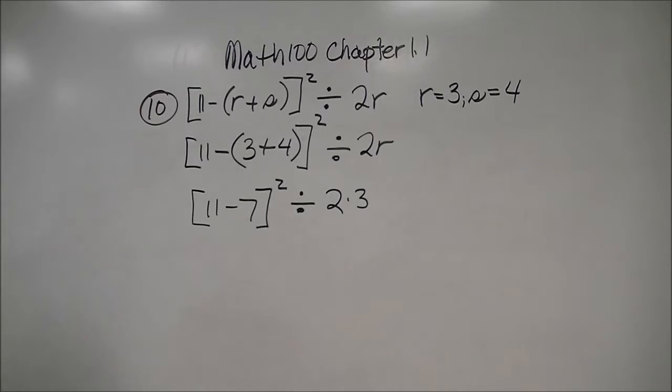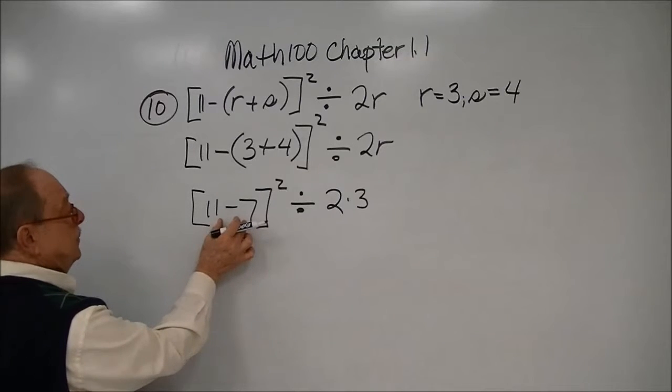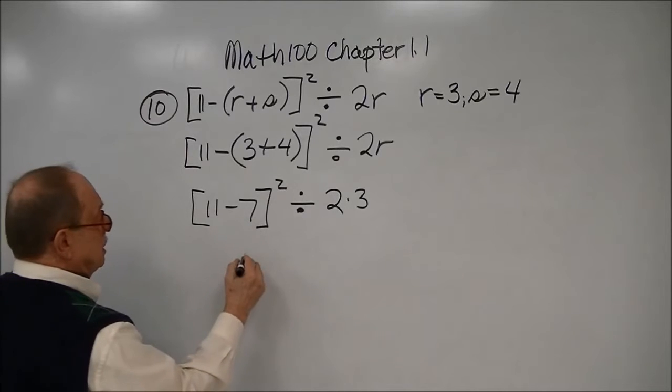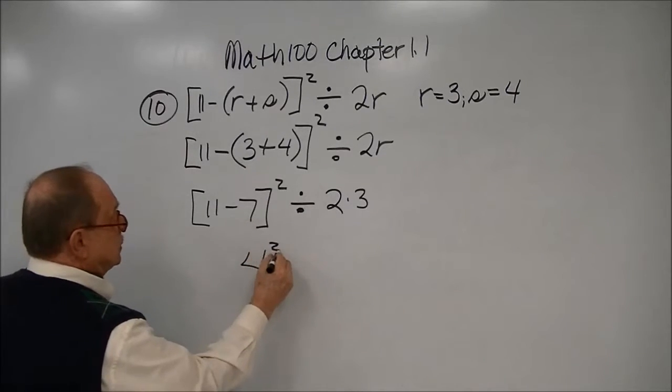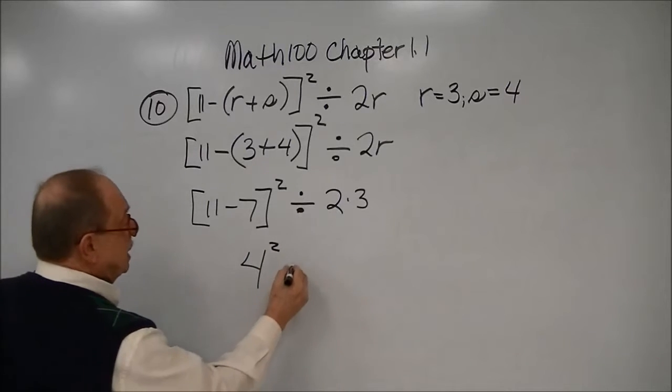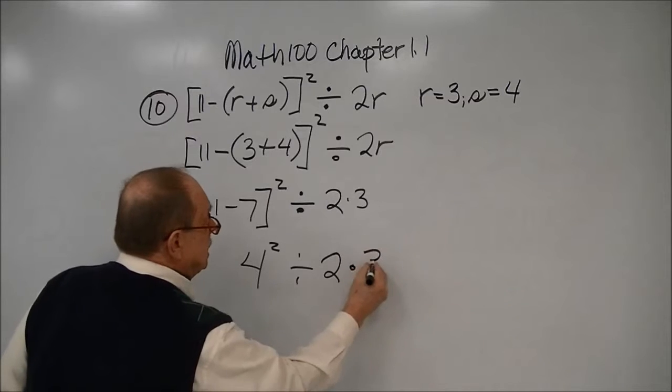Okay, that's a little tricky. So this is going to be a 4, that we're going to square, and then divide it by 2 times 3.